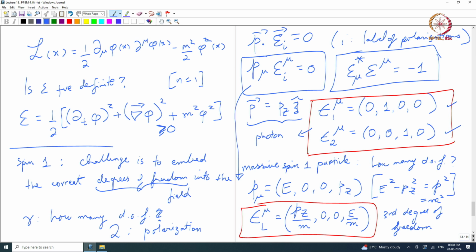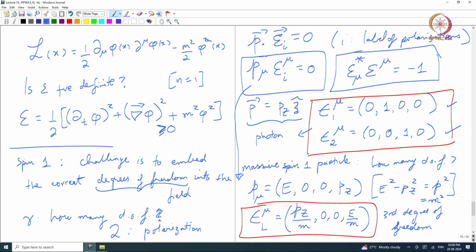So when somebody says massive spin-1, you should immediately start thinking of this, because this is indistinguishable from the particle having a mass. This is exactly what it is. Okay, this is not some consequence or anything like that. This is literally the longitudinal degree of freedom along the z direction is literally what we infer as mass for a spin-1 particle. These are exactly the same things. They just look different when we write them down.